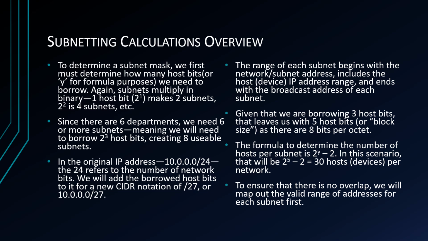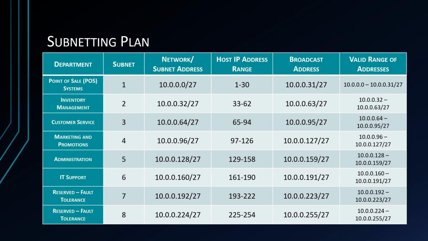To ensure that there's no overlap, we'll map out the valid range of addresses for each subnet first. So, subnet 1, we started off with 10.0.0.0, so we cannot overlap with that, and we can have 30 devices, and each one needs their own IP address.